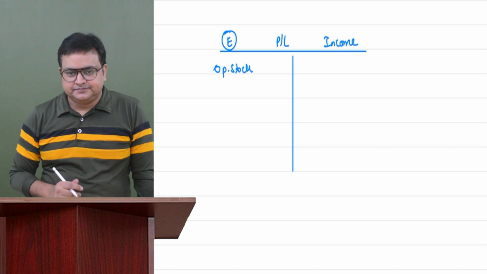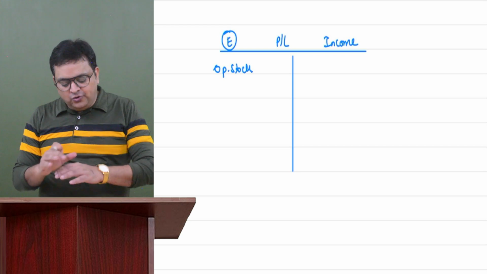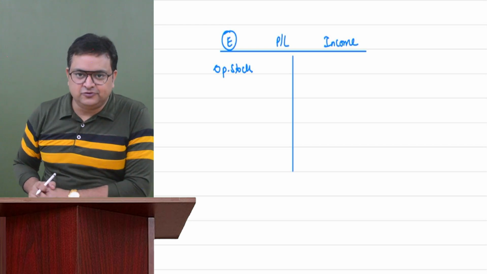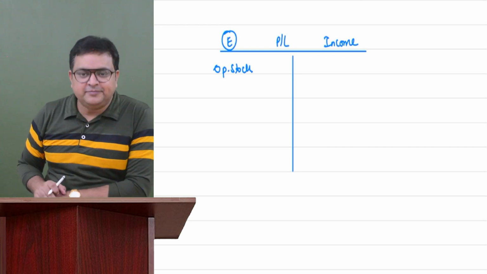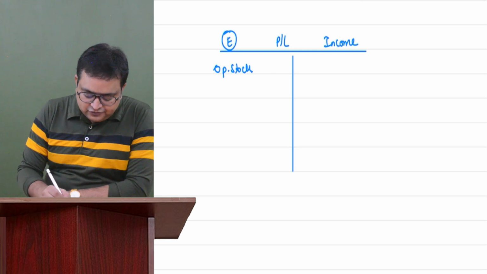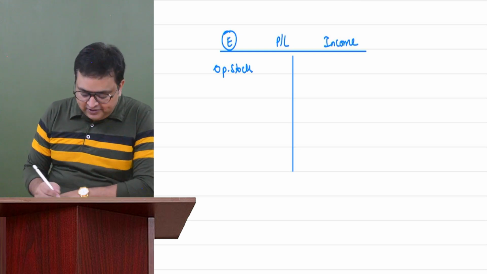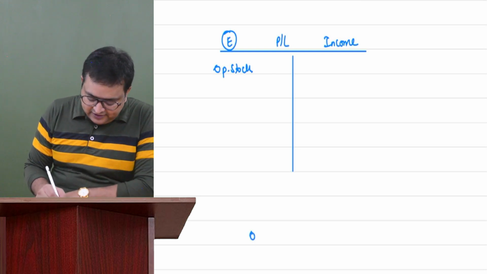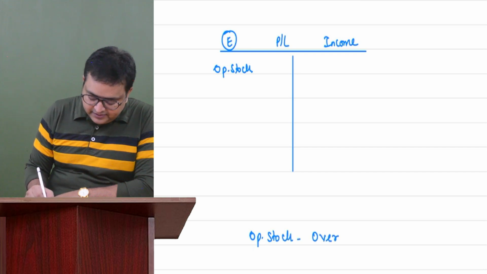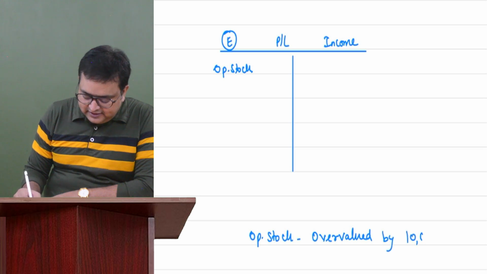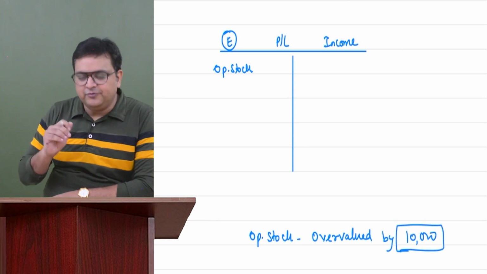Tell me, let's say you have to do some adjustment in your opening stock, and the adjustment is that your opening stock was overvalued. Let's say in your information, it is given that your opening stock is overvalued by rupees 10,000. Tell me what you will do.